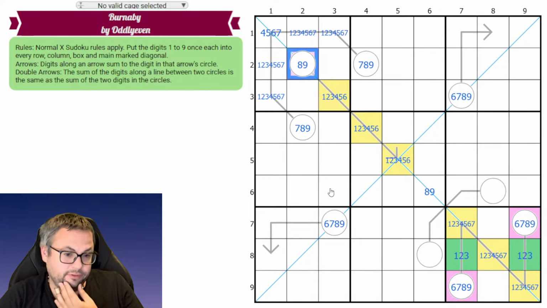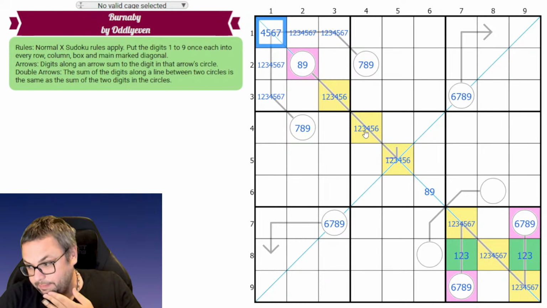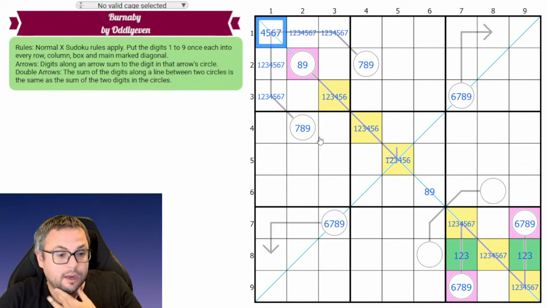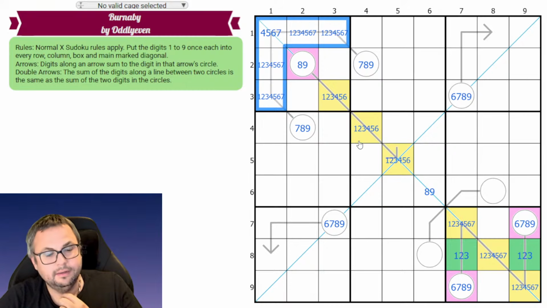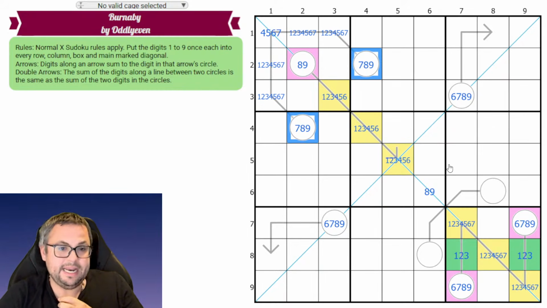This one never sums to 17, but it can have a 7 and sum to 18. Why can't I put a 7 here and make it 1, 2, 3, 5, and make it sum to 18? Oh, because it still can't sum to 18, right?